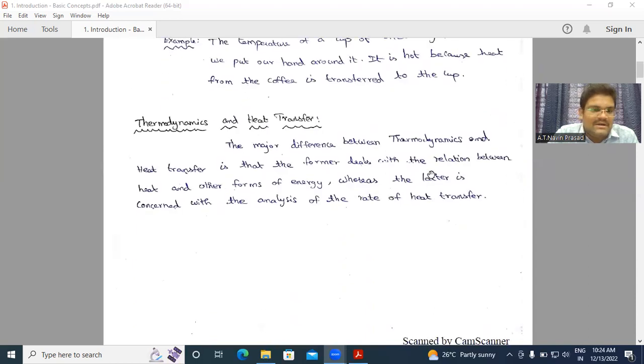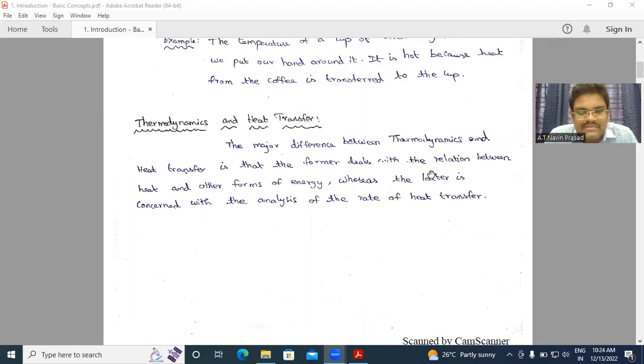So now the basics of thermodynamics and heat transfer. The basic difference between thermodynamics and heat transfer is that thermodynamics deals with the relationship between heat and other forms of energy, right?